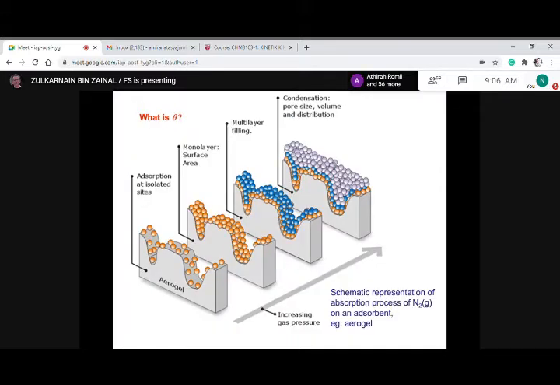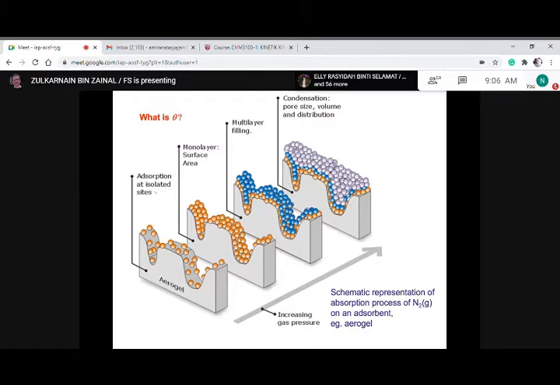So what is theta? How do we evaluate the value of theta? I already mentioned theta just now. This is adsorption on isolated sites, for example.